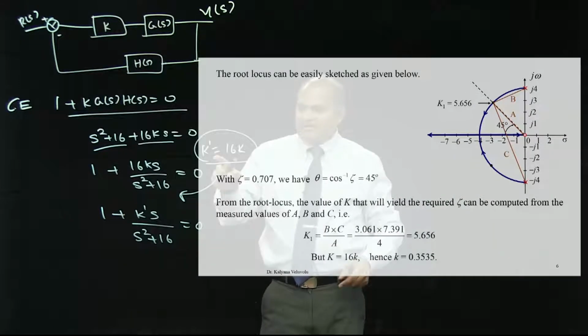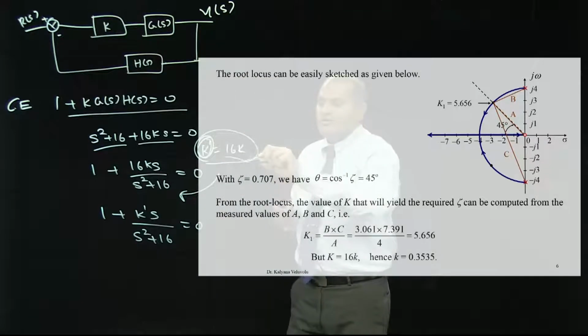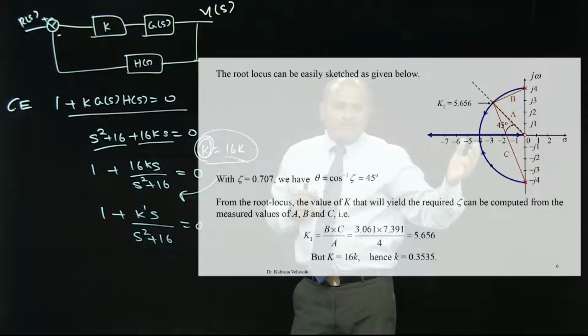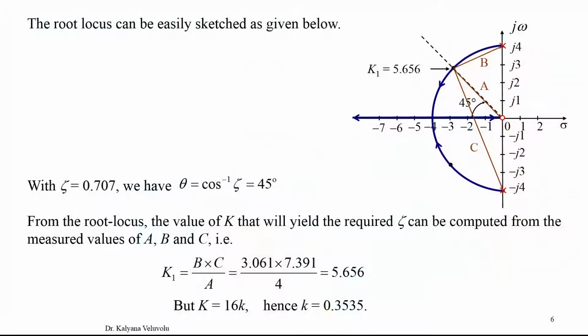However, you have to understand the original k and the root locus k are slightly different. This is our root locus k, but this is our original k. So, when the design problem is there, like finding k, you can find the k dash with any specific eta that is requested. For eta equal to 0.707, take theta equal to cos inverse eta, 45 degrees, draw the constant damping line, and it intersects at some point.